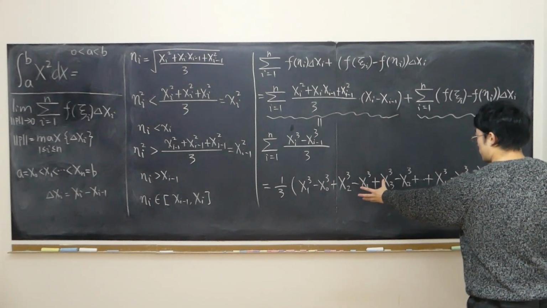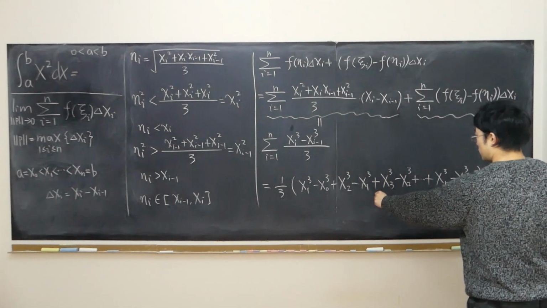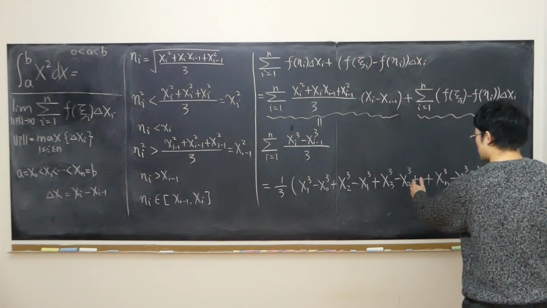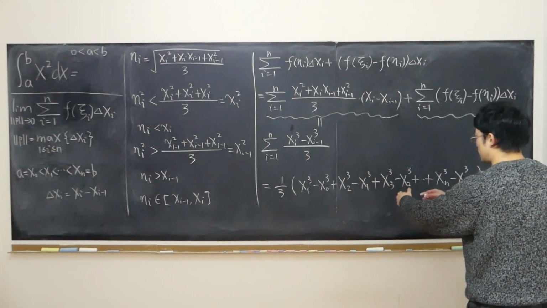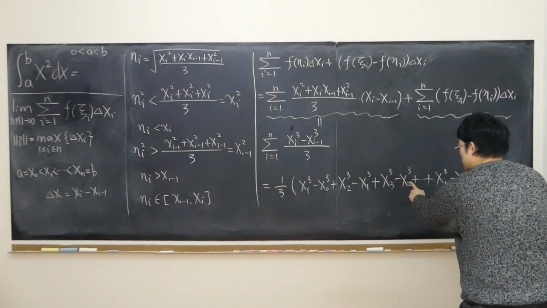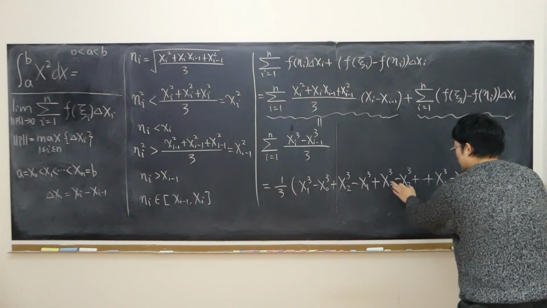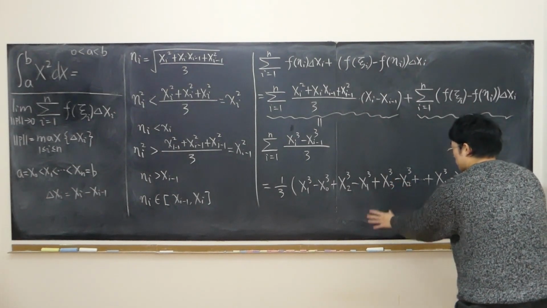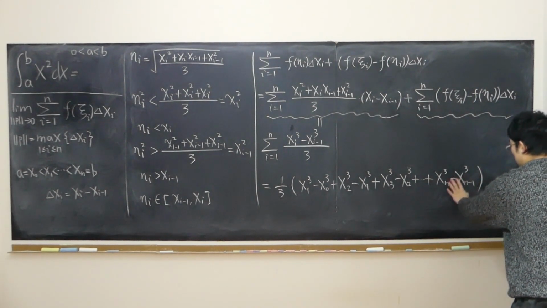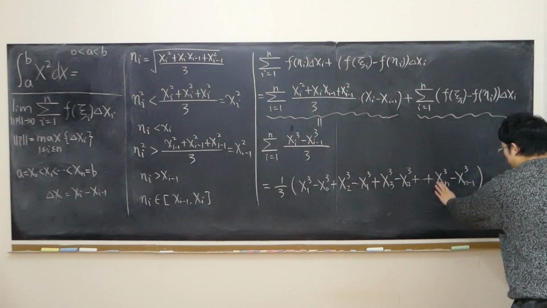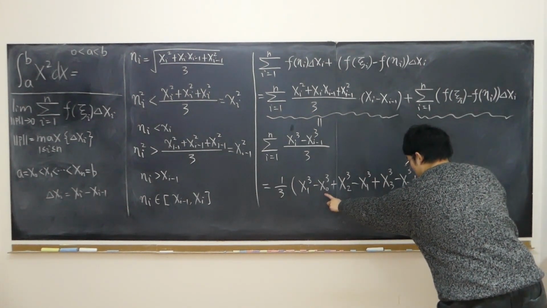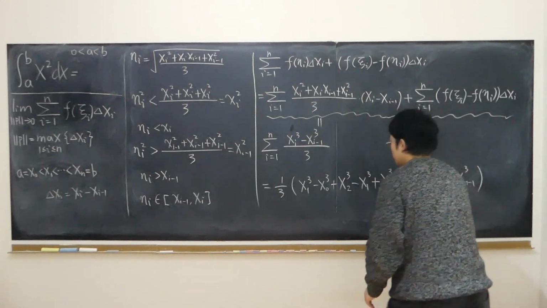And according to this pattern, we will eventually see that in each pair, the later term will just be gone, and the first term of the pair will still remain. So in the last pair, the later term is gone, and xn cube and minus x naught cube will remain.